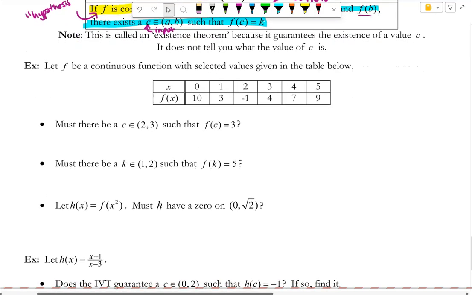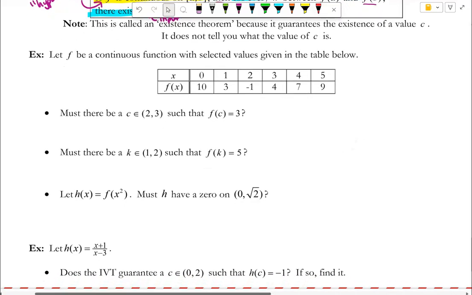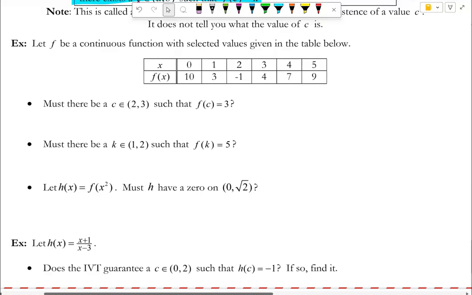All right, let's look at this example. Let f be a continuous function. When we're not told on what interval f is continuous, we can assume f is continuous everywhere, or everywhere across its domain. So let f be a continuous function with selected values given in the table below. And the first question is, must there be a c on the interval from 2 to 3 such that f of c is 3?